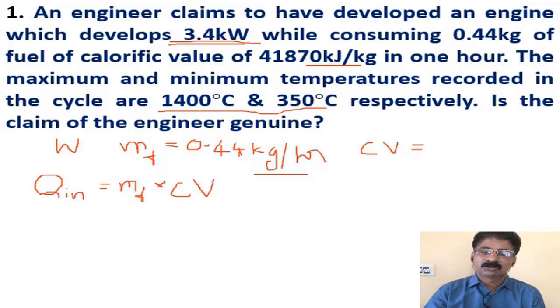Using that you have to find out the maximum efficiency or the Carnot efficiency, and then you have to compare the two efficiencies. As all of you know, if the actual efficiency of the engine is less than the Carnot efficiency, then it is a possible engine. Suppose if they are equal, then it is a reversible engine. Suppose if the actual efficiency of the engine is more than the Carnot efficiency, then it is an impossible engine. So now let us check out whether the engineer's claim is correct or not.